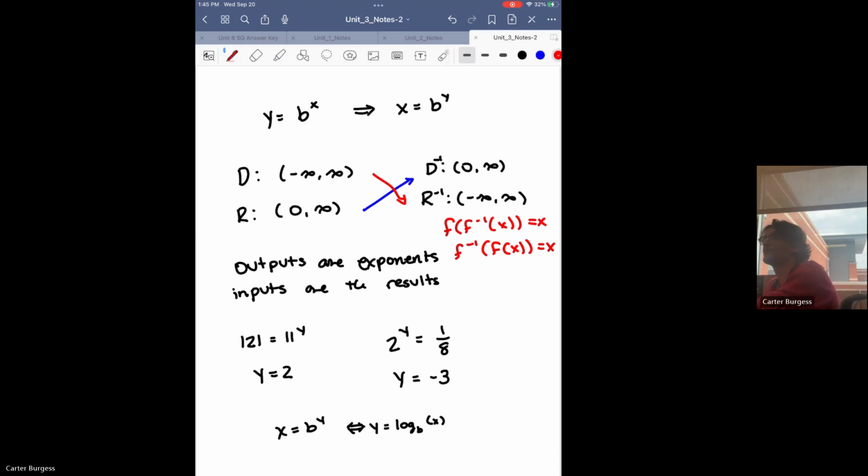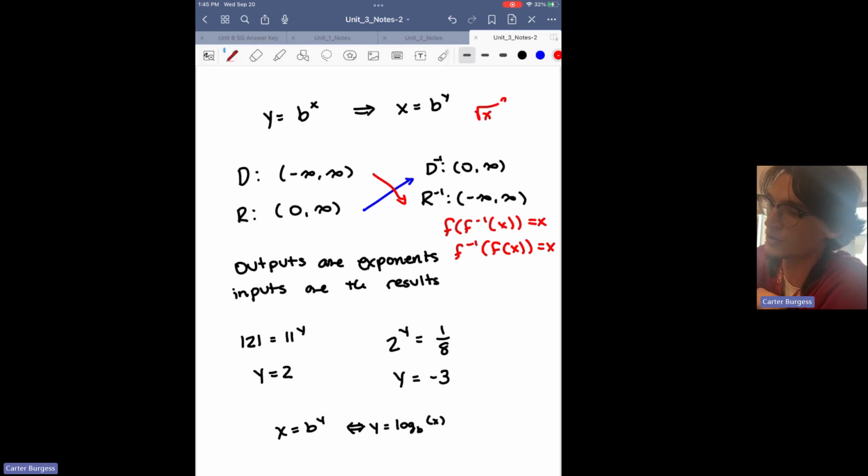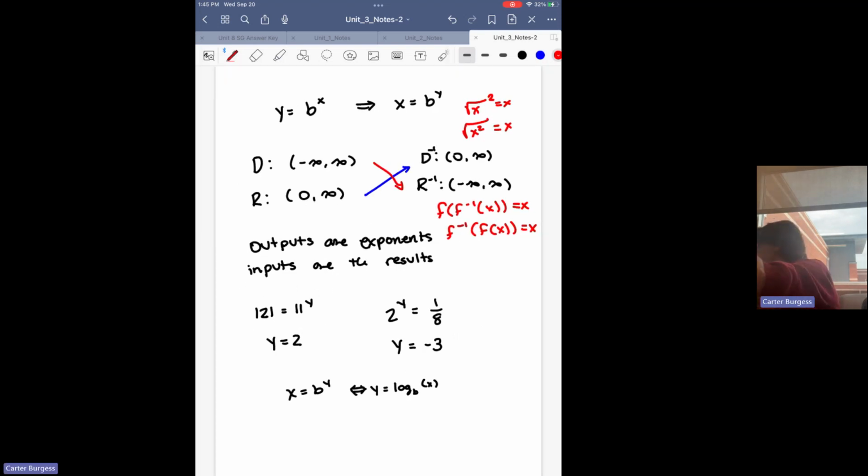If I compose a function and its inverse, the square root of x squared is just x, and the square root of x, all squared, is x. Regardless of how I do this composition, they cancel each other and I end up with just x. We're going to see the exact same thing for logarithms.